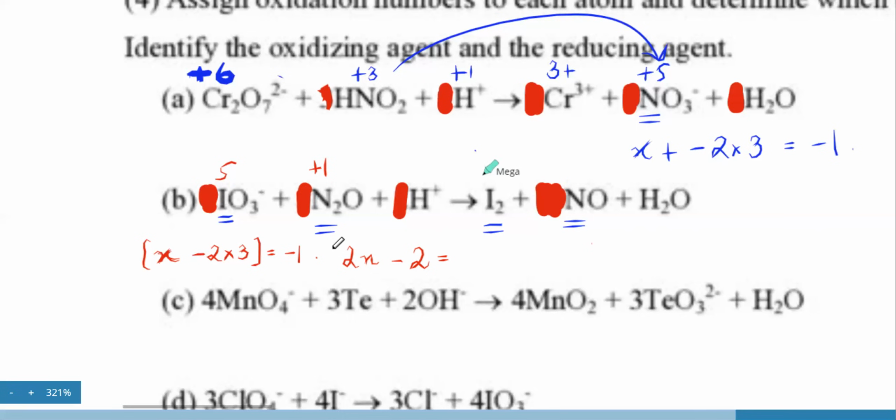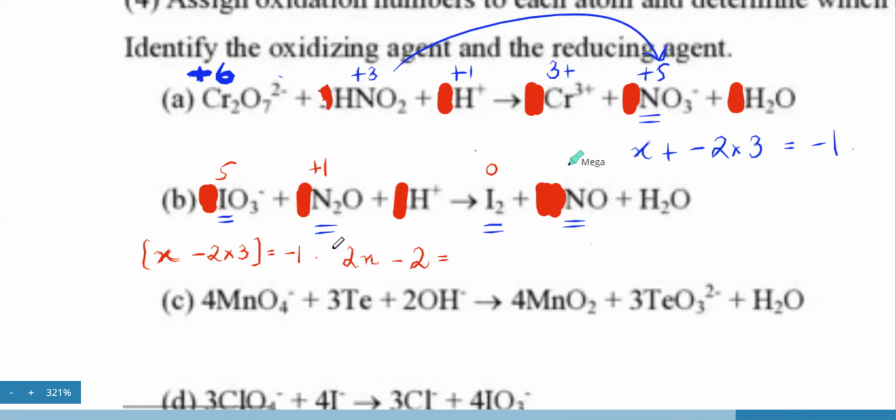What's iodine over here? Remember the first statement: if you have a neutral element with no charge, it's 0.